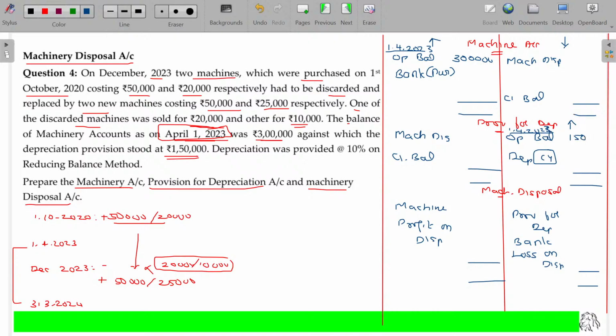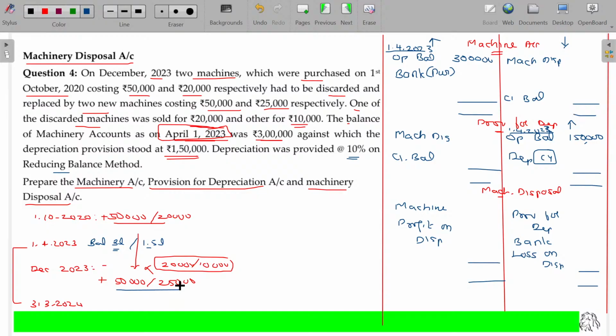Is that clear? One is the asset, another one is accumulated depreciation. And depreciation was provided at the rate of 10% on reducing balance method.